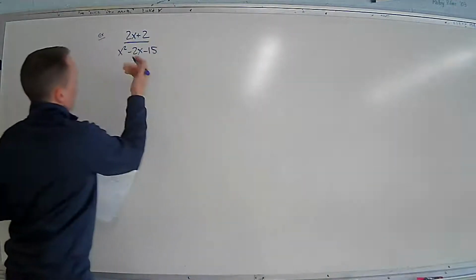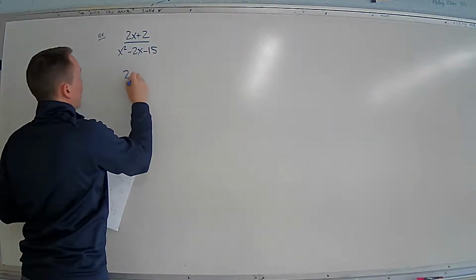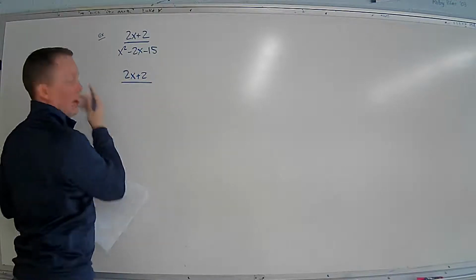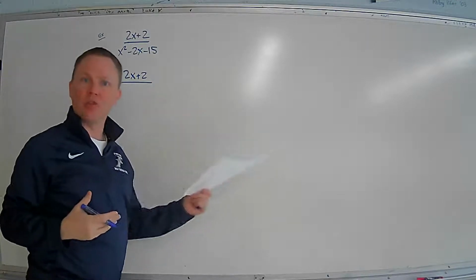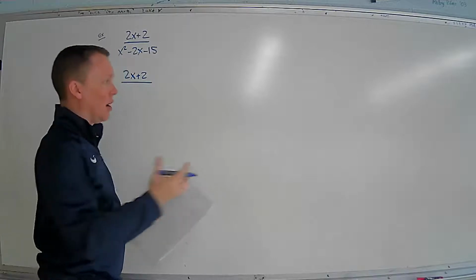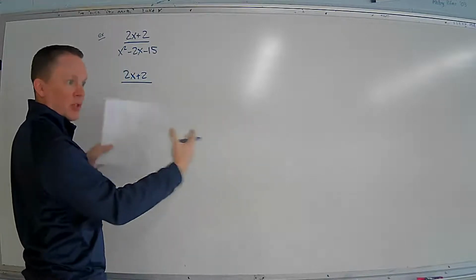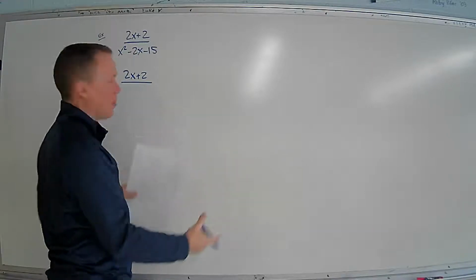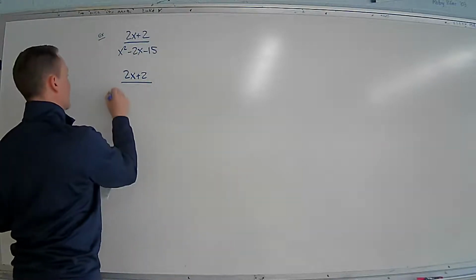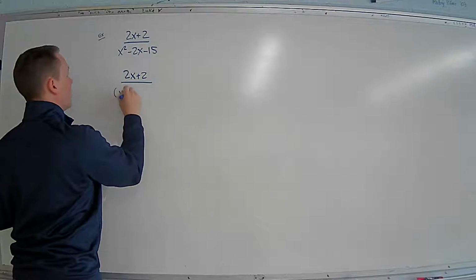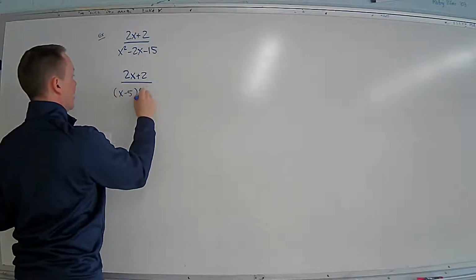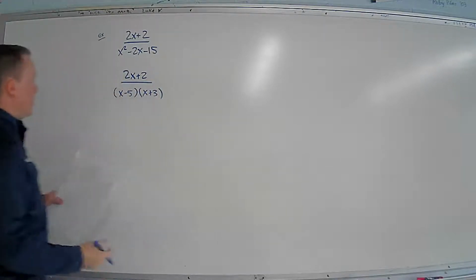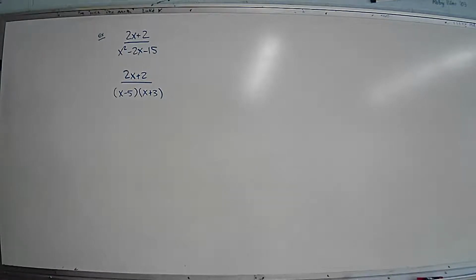The first step is to factor that denominator, because when we added those two fractions together before, the resulting answer had a denominator that was factored. So if I factor this denominator, I'm going to get x minus 5, x plus 3. You can check me on that.